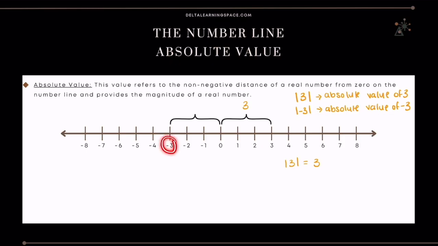And so if I want to look at negative 3, I want to count the spaces from 0 to negative 3, 1, 2, 3. And so it also takes 3 spaces. So the absolute value of 3 is 3, while the absolute value of negative 3 is also 3. And that's because in both directions, it will be 3 units away from 0. We care about the units. We don't care about the direction.